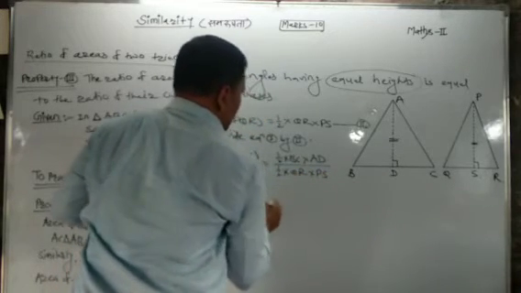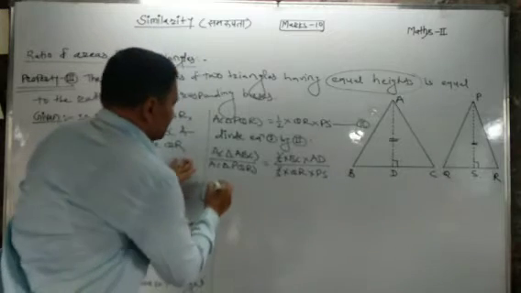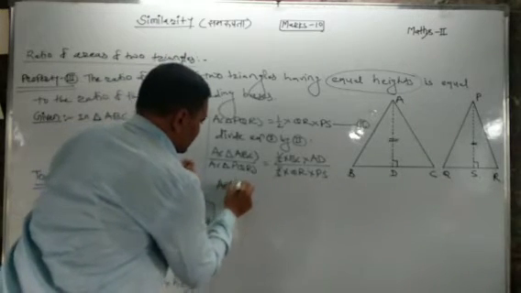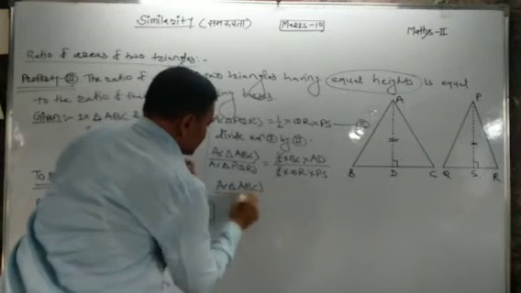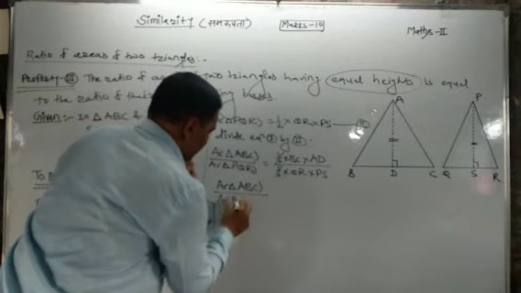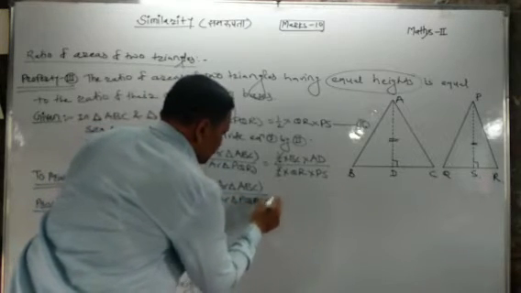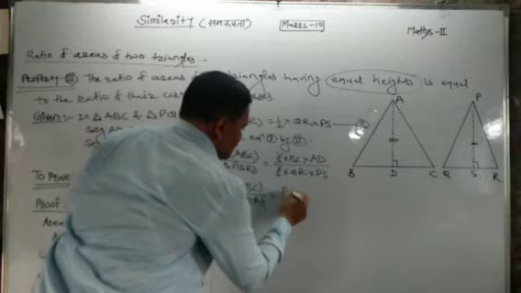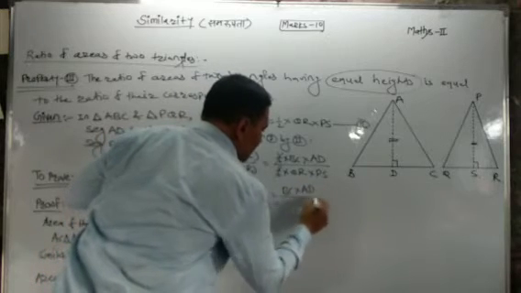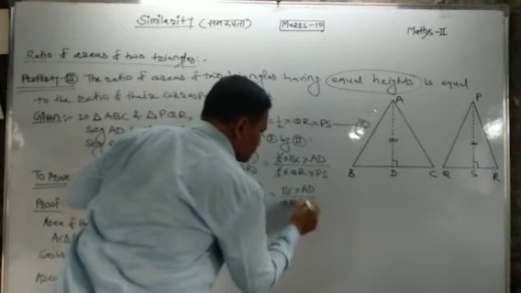Right. Now half gets cancelled. Means area of triangle ABC divided by area of triangle PQR equal to BC into AD divided by QR into PS.